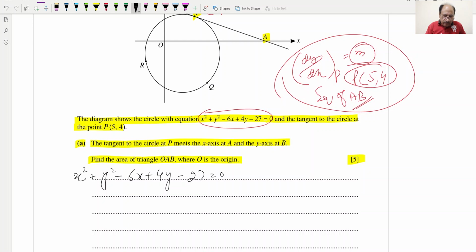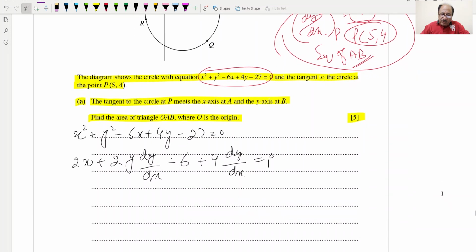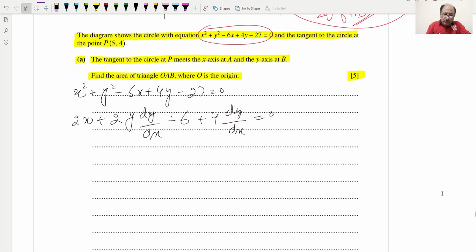So the derivative with respect to x will be 2x plus 2y dy over dx, minus 6, plus 4 dy over dx, is equal to 0. Now we have to find dy by dx, so the rest of everything will be shifted to the other side. So 2y plus 4, taking dy over dx as common, will be equal to 6 minus 2x.